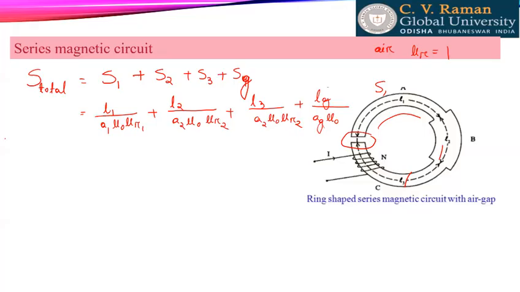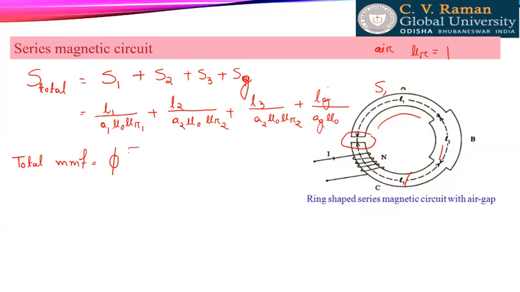If I write the total MMF, it is equal to flux into S total. Flux is common, because in a series circuit the same flux flows throughout the circuit.